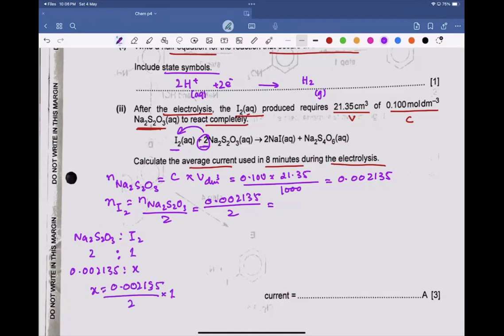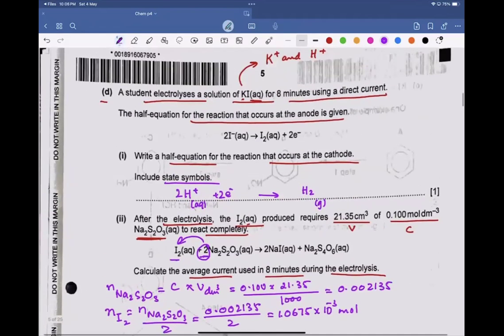So it's the same thing, isn't it? Okay, it's 1.0675. Thank you, Mohammed Shahar. 1.0675 exponent minus 3. So we got the moles of iodine. Okay, we know the time, right?